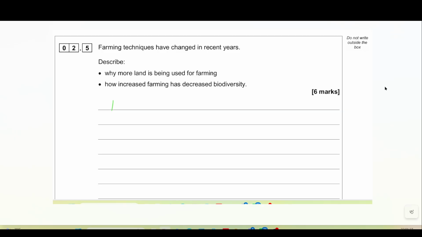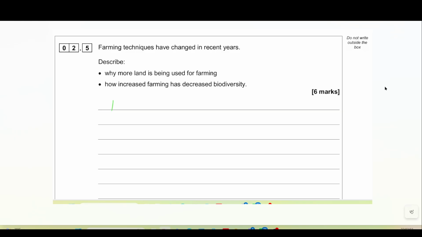Land full of biodiversity is removed in order to create space for crops.